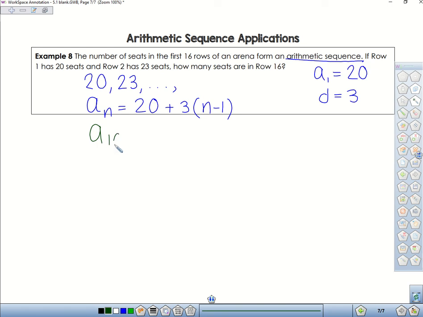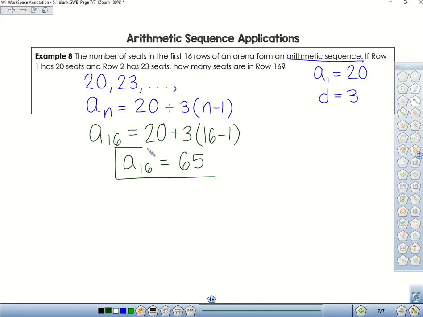Good, plug in 16 for n. Good job. So we are going to plug in 16 for n. We're going to solve. And we get 65. So there are 65 seats in row 16.